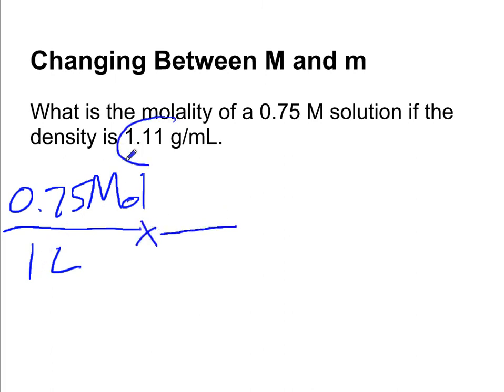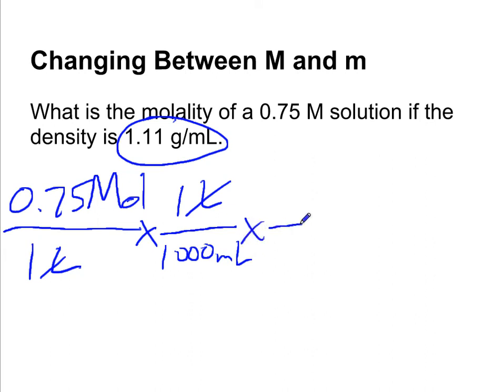We can use the density to convert between volume and mass. So we've got to go from liters to milliliters first. In 1 liter, that cancels that out, there are 1,000 milliliters. And the density tells us that for every 1 milliliter, it's got a mass of 1.11 grams.